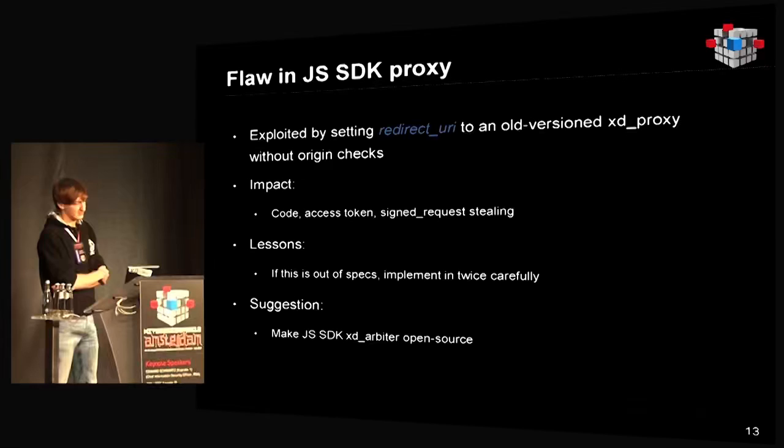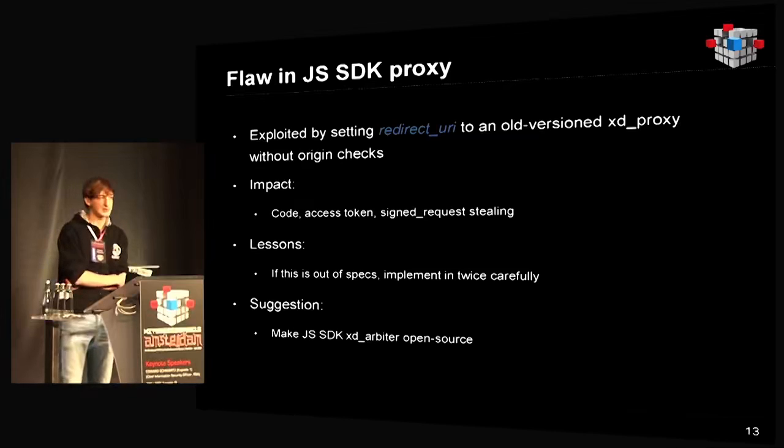So I bet this small JS SDK script has the biggest density of bugs in the case of Facebook. And also this is exactly the case when there's something completely beyond the standard. The OAuth standard does not define how the tokens should be transmitted. And Facebook implemented something out of standard and got lots of bugs.